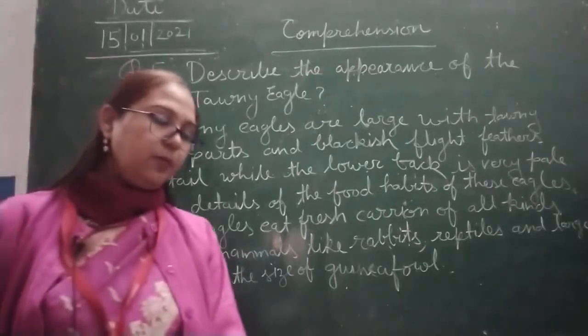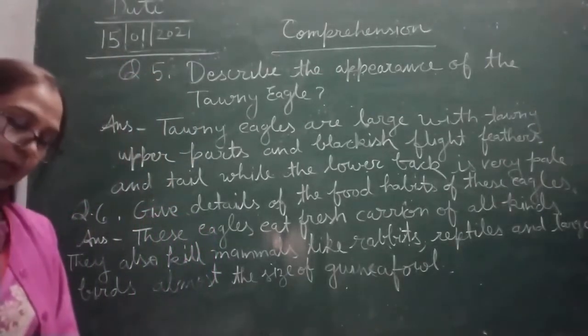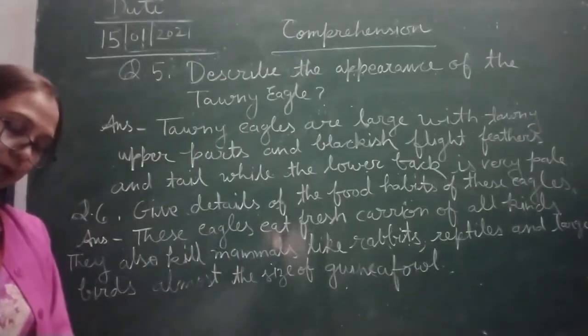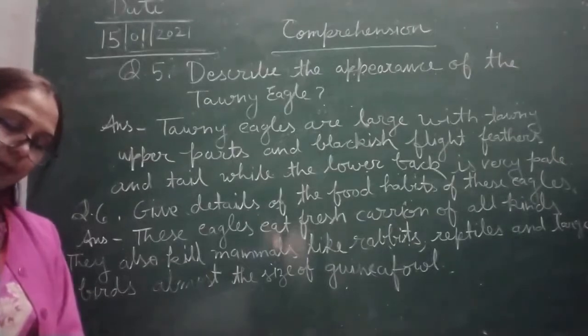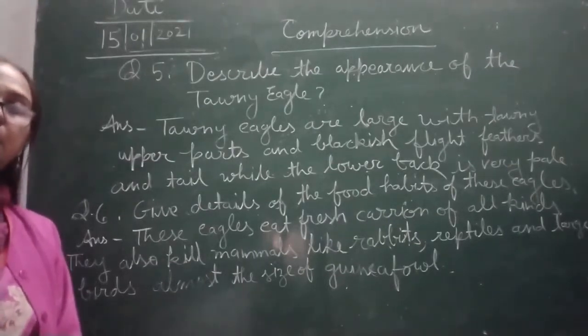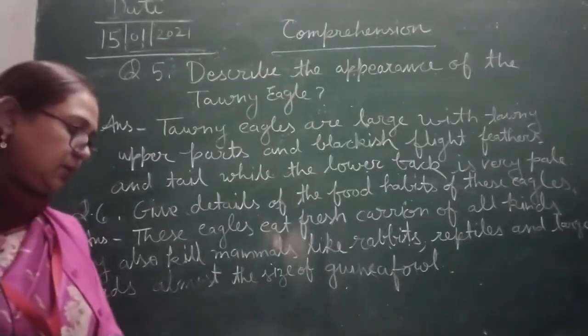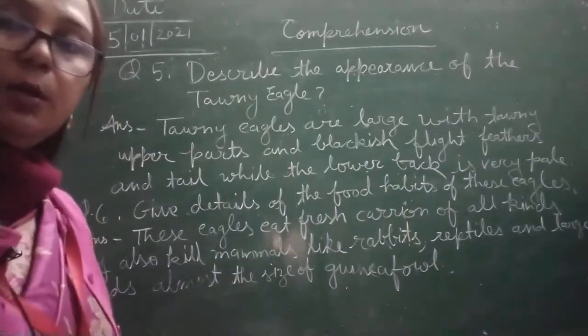Now children, we are moving to the next question. First you just write it down, and after that we are moving to the third question: match the following groups of words and write the complete answer. So take a screenshot. Now we are moving to the next question.